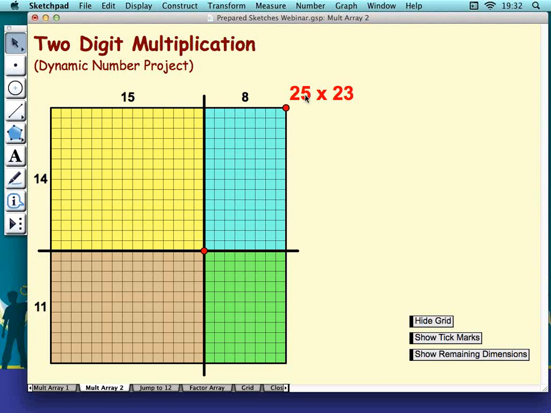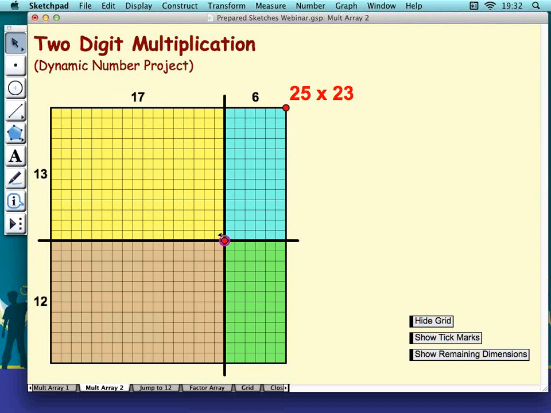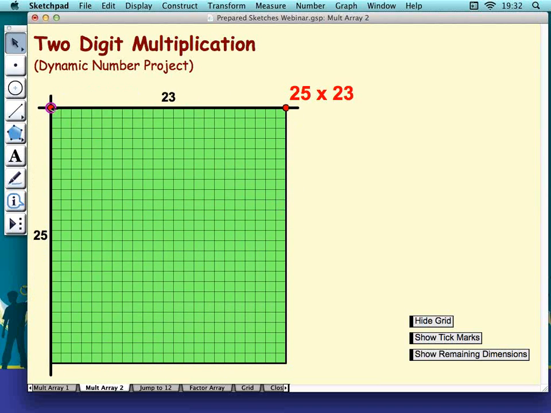So here's a related activity in which students are asked to multiply 25 by 23, for instance, and to do it using an array model. And this array model allows them to split up the 25 and the 23 in any way they want.